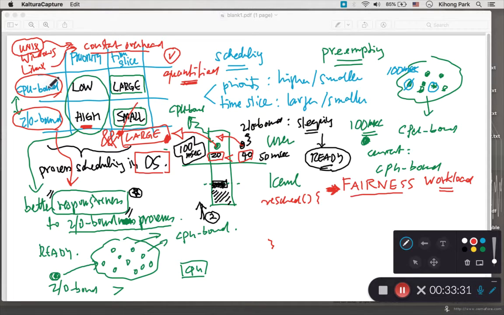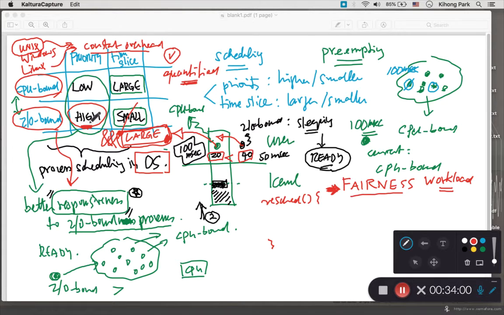What can then happen? If that were to happen, which can of course happen in real life, then you have an IO bound guy which has high priority and on top of that a large time slice, which means that when this guy is running and other processes are trying to run, they may not be able to run because their priorities may be smaller than this guy.